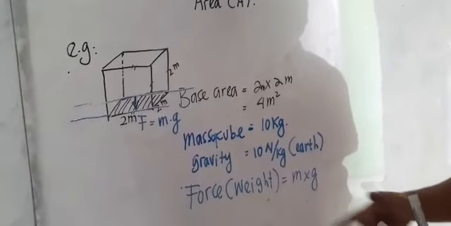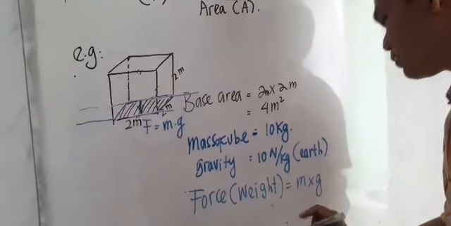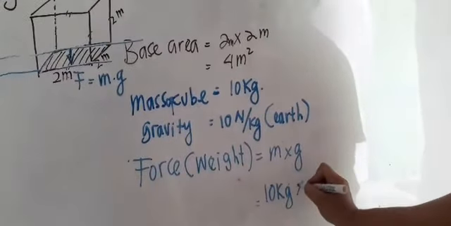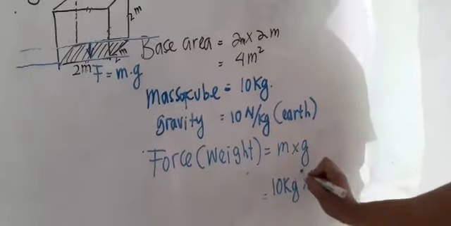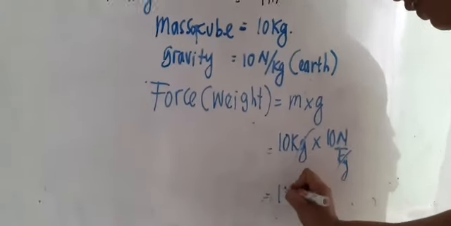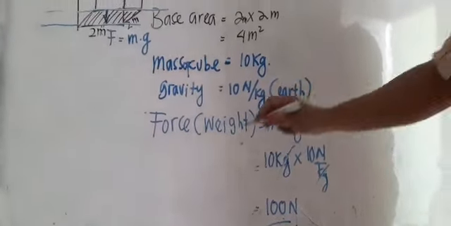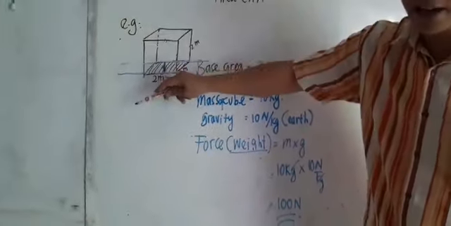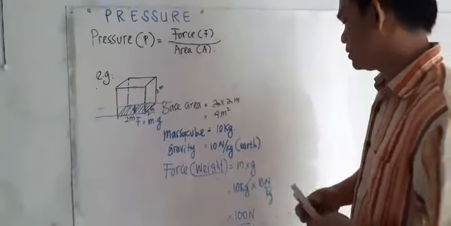M is mass, G is gravity, so 10 kilograms multiplied by 10 Newton per kilogram. The kilograms cancel, and 10 times 10 is 100 Newton. So the force, or the weight of the object exerted on the surface, is 100 Newton.